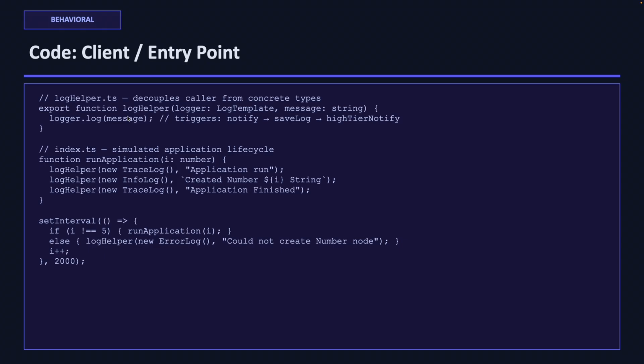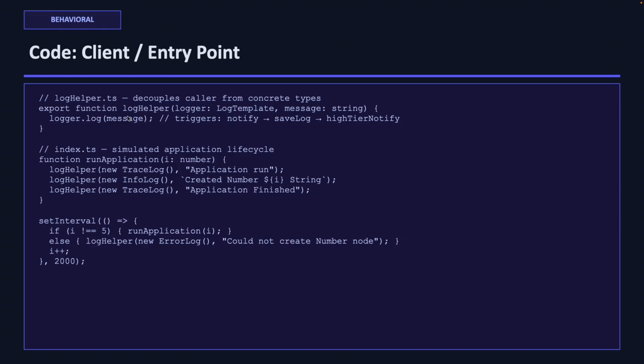By typing the parameter as log template, the abstract class, the caller decouples from all three of those classes. You can pass any subclass and the function just works. This is composition versus inheritance, applying to the interface as opposed to the concrete classes.